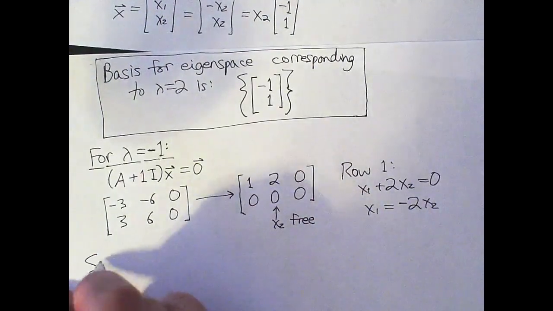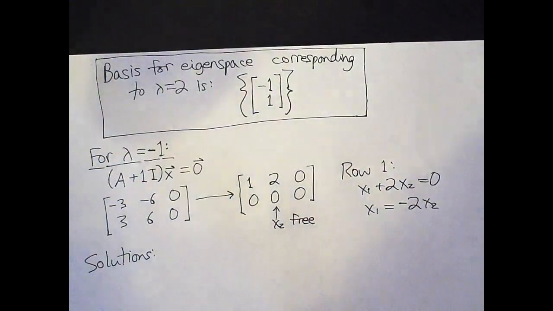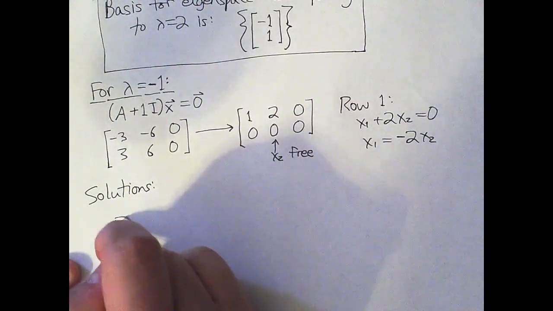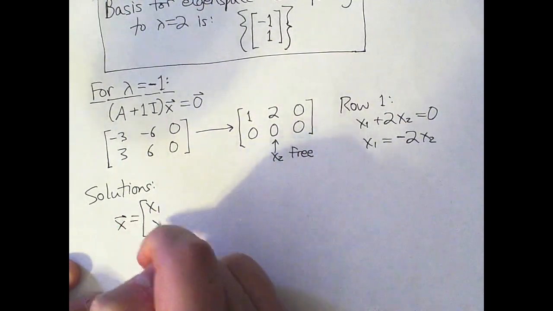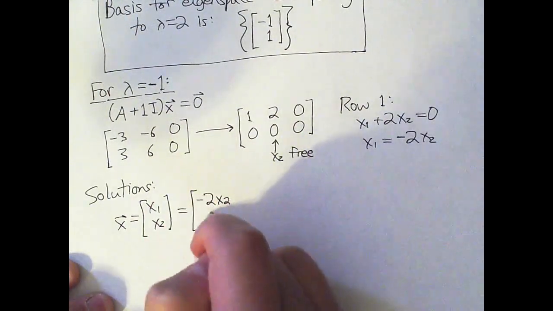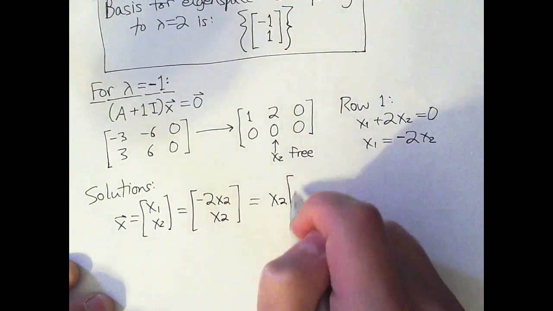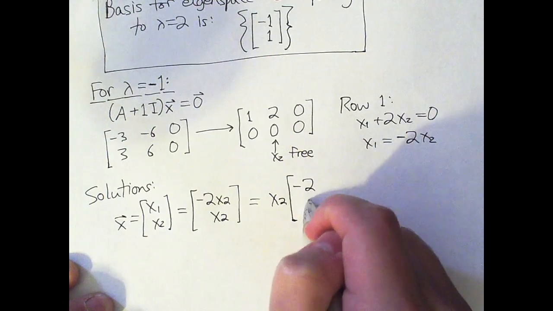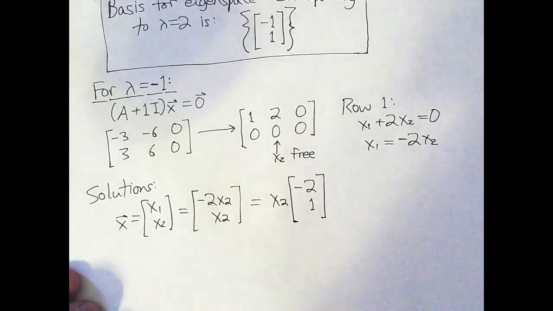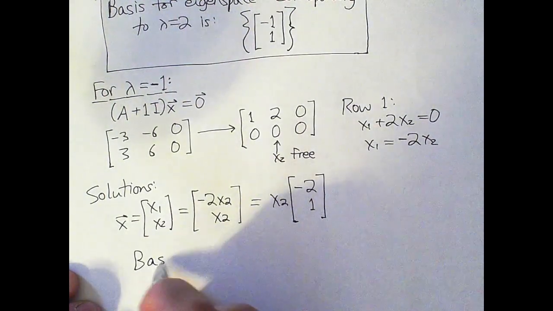So the solutions to this one: you should have gotten that x equals x1, x2, which can be written as -2x2, x2. So x2 times the eigenvector -2, 1. That's going to tell me what a basis for the eigenspace is, but let's make it extra clear and write it as a set.